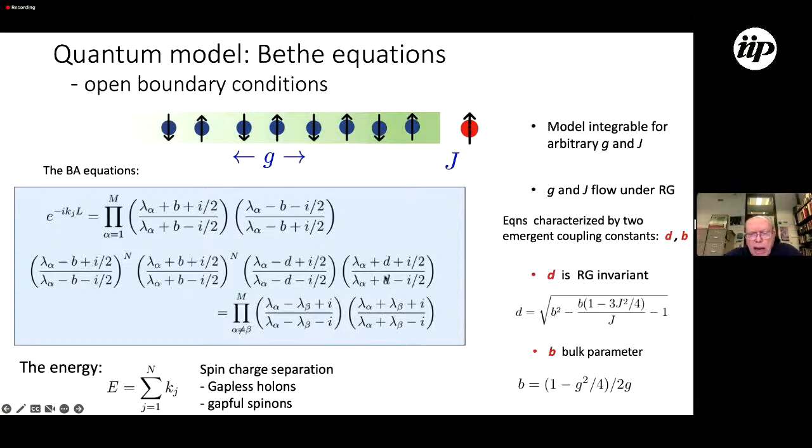So notice that because we have open boundary conditions here, everything is doubled. You see, we have lambda and we have minus d and plus d, minus b and plus b. That is because at the edge, when we have a k, it is reflected and there is a minus k.